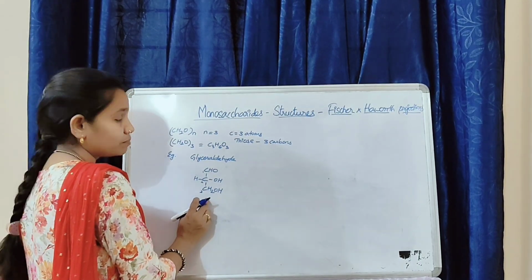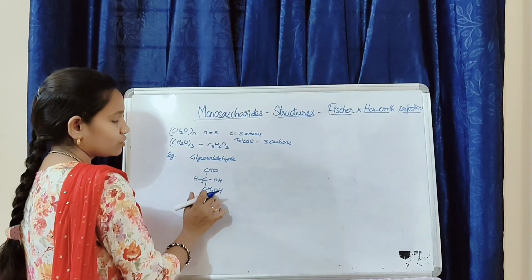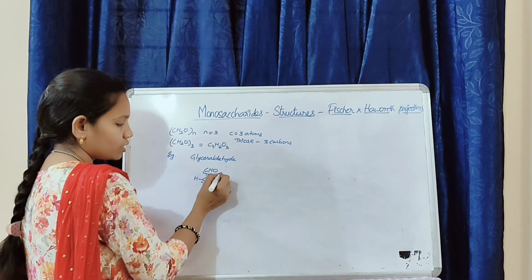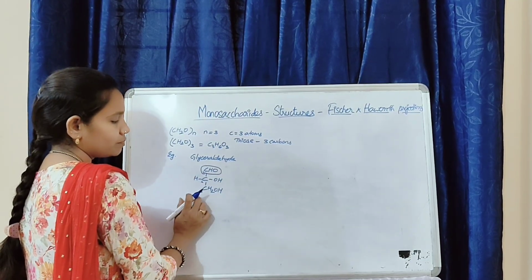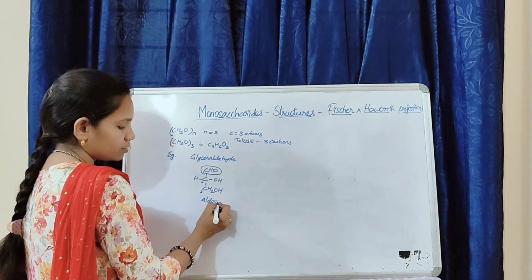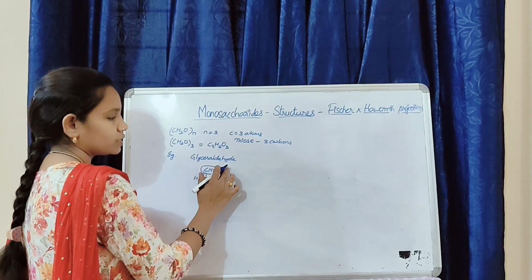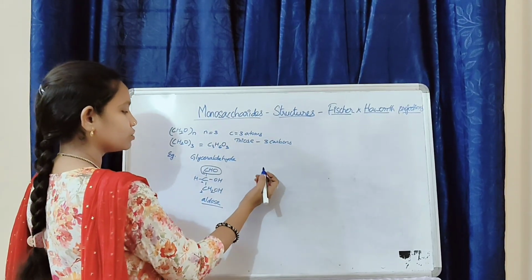So it is an example for triose, right? Now this sugar is called as glyceraldehyde. Why? Because here the carbonyl group is what? Aldehyde group. Is it clear? So now this is an example for aldose because it contains aldehyde group. So the example is here what? Glyceraldehyde. Let's see for ketose group.